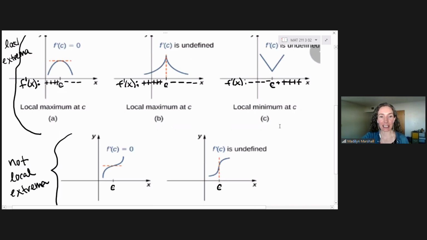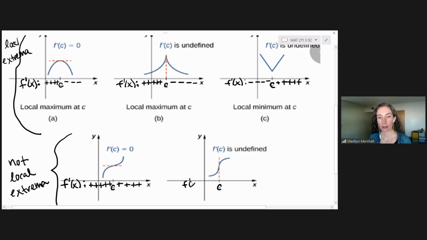Whereas if we look at these two that are not local extrema, they're not minimums or maximums, if we made a sign chart for f prime, it's positive because it's increasing. It's 0 right in the middle there, but then it's still positive. So it never changes from increasing to decreasing.